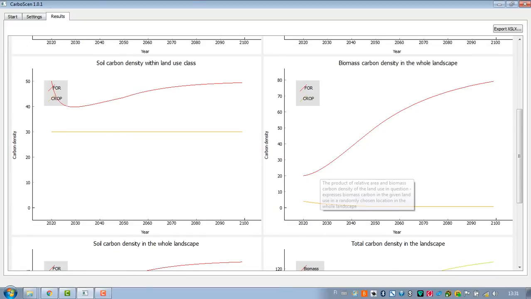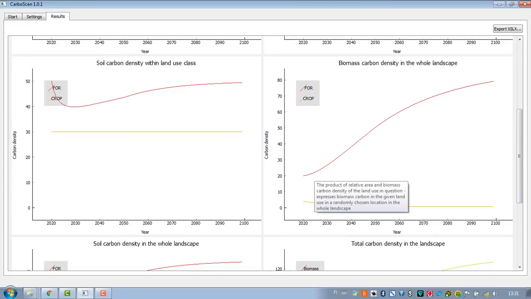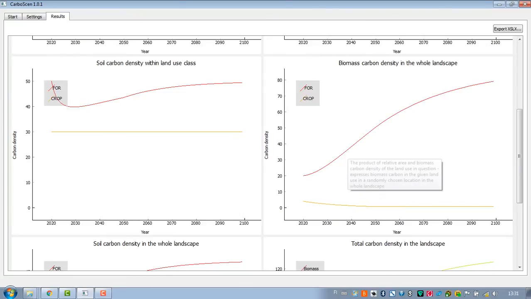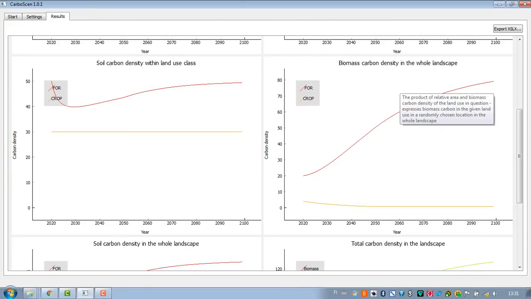And this orange line, carbon in forests, increases from the beginning, because there are the old forests, they still have the carbon they had before, and then there are these new forests coming, which initially have very little carbon, and then they start to be a larger and larger area of forests, and all these new forests have increasing carbon densities, and then it approaches again an equilibrium. All right.